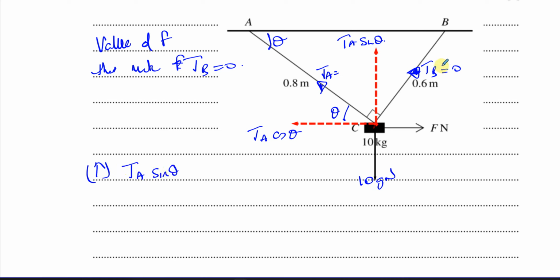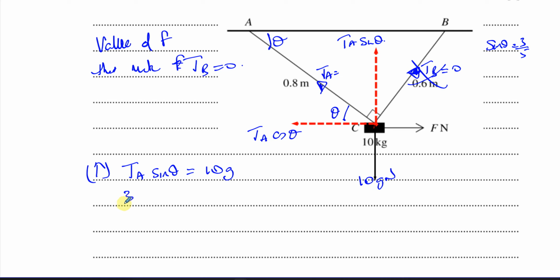Now TB is zero, so we don't have to worry about that at all. So that's equal to 10g. These are perpendicular to that, so in this case, resolving horizontally and vertically works out, of course, better. Now we know that sine theta was 3/5 from the last part. So we have TA times 3/5.